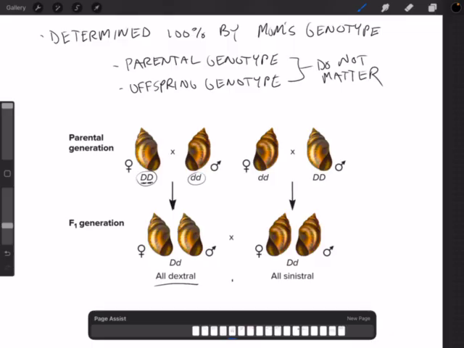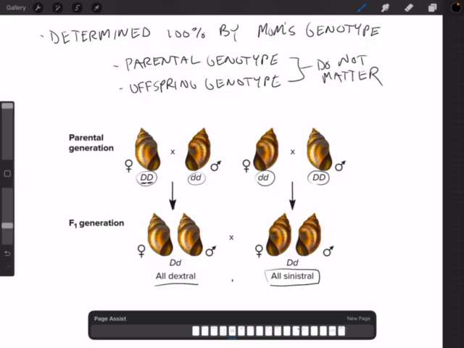On the other side, though, we have a mom that's homozygous recessive and a dad that's homozygous dominant. And here, they're all sinistral, right? The offspring have the exact same genotype, heterozygous, right? The difference is this one, the dextral, had a mom with the dominant D allele.